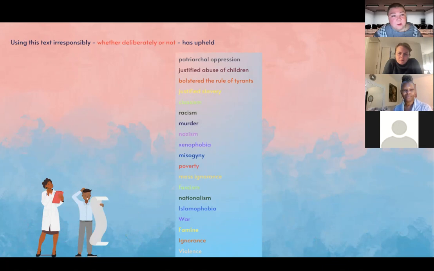Using this text irresponsibly, whether deliberately or not, has upheld a long list of pretty awful things. Even today, as we go through this class, I watch as people I know, people I've known maybe for most of my life, people who have grown up in church, who have read the Bible all their lives, justify and rationalize a genocide, the genocide of the Palestinian people, which is happening right now by using this book.